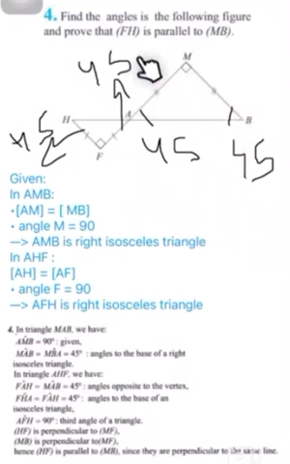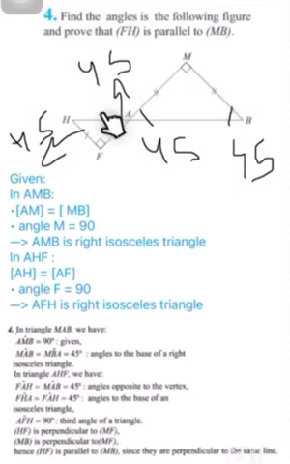Now we have found the angles in this figure, in these two triangles. Now we have to prove that FH is parallel to MB. We have three ways to prove that two lines are parallel.